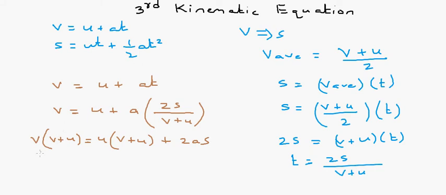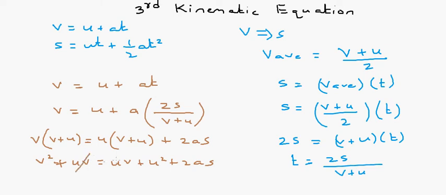If we multiply these things, we're going to get v squared plus uv is equal to uv plus u squared plus 2as, right?